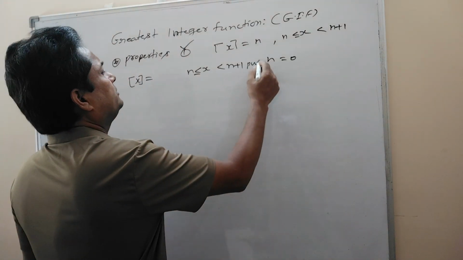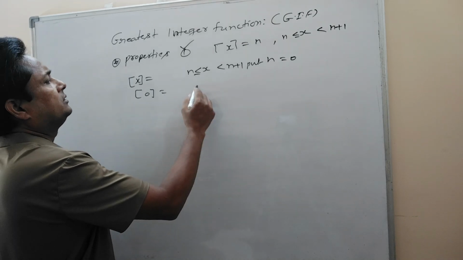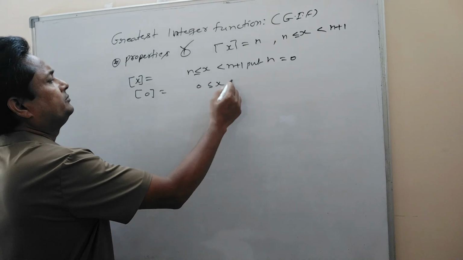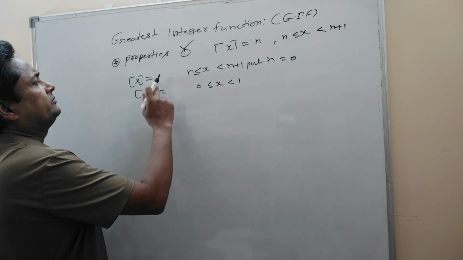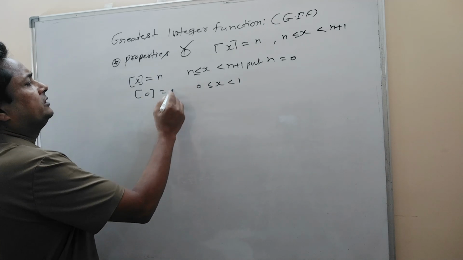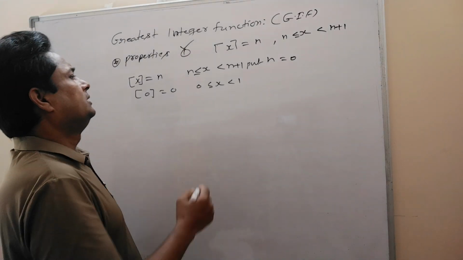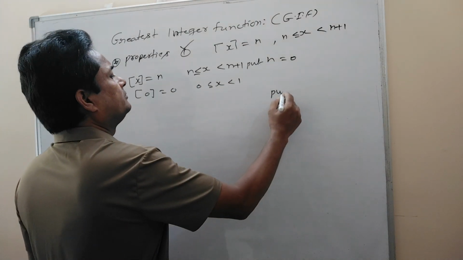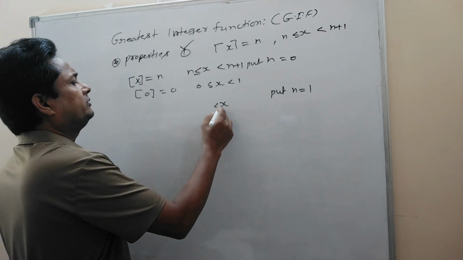Put n is equal to 0, then this will be what? This will be 0 to 1. Then this value must be, this is n, so that means this value will be 0. Right. Now put n is equal to 1, then this equation will be what?